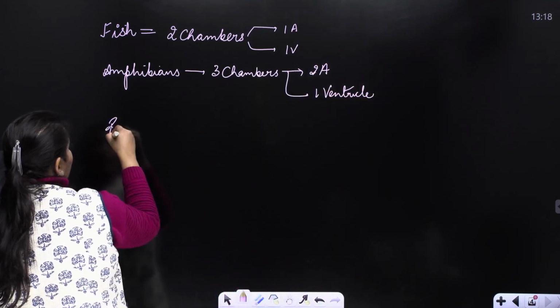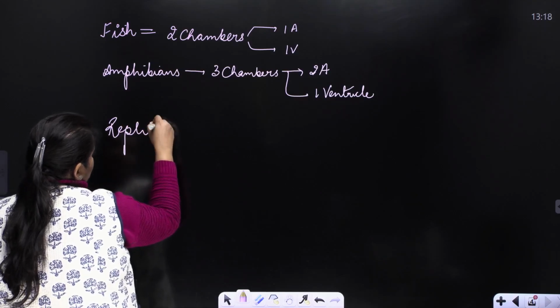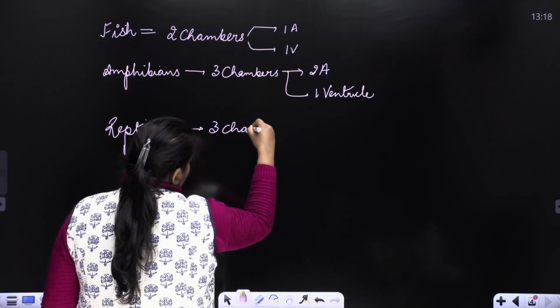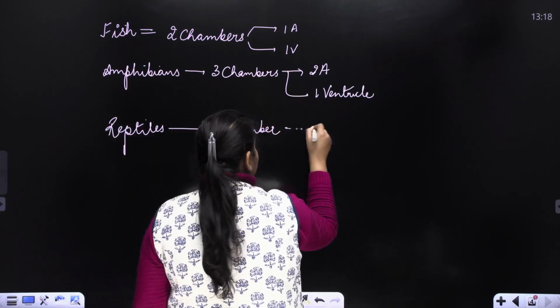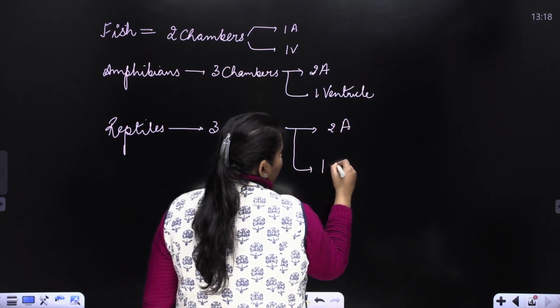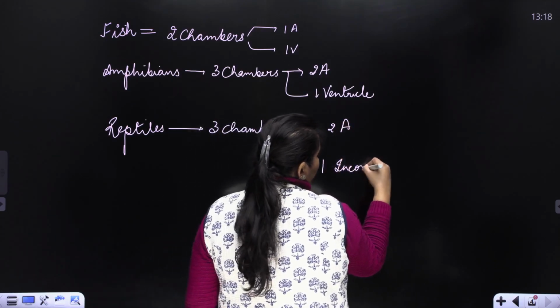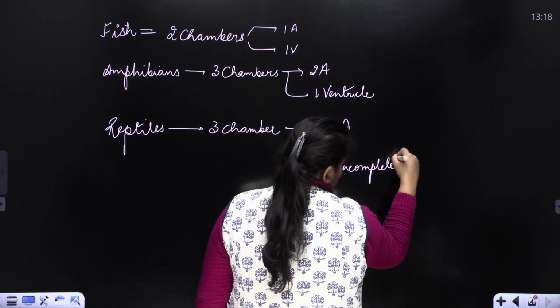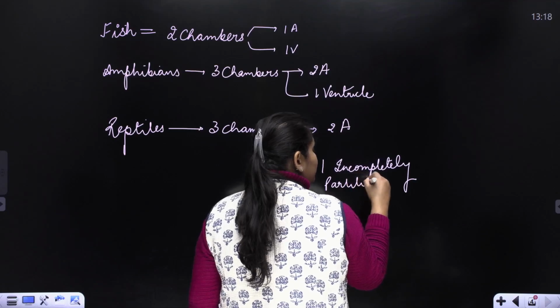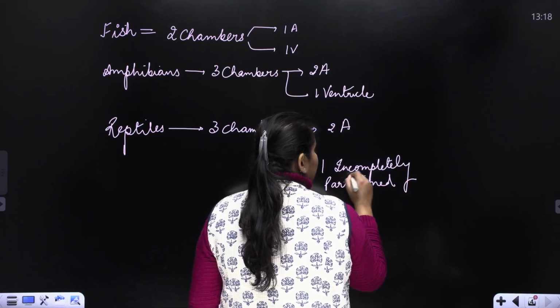In the case of reptiles, again there are three chambers. That is, we have two auricles and one incompletely partitioned ventricle, right?